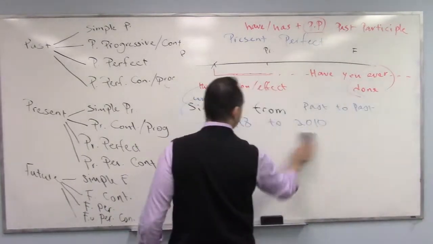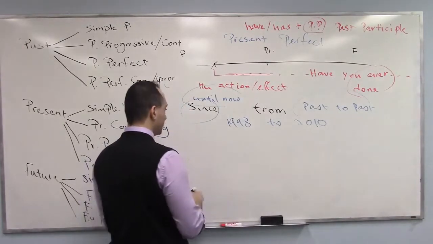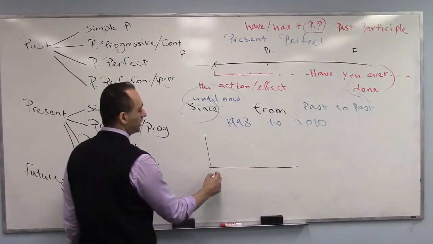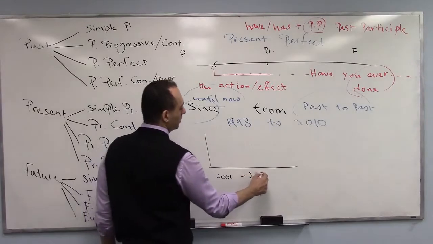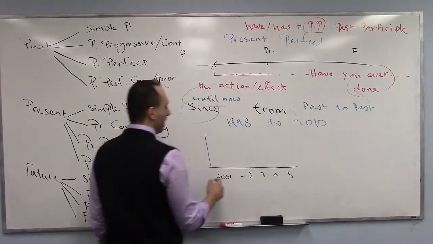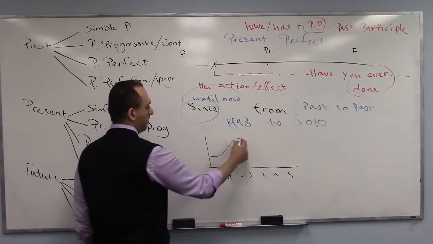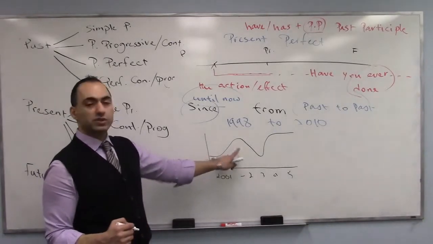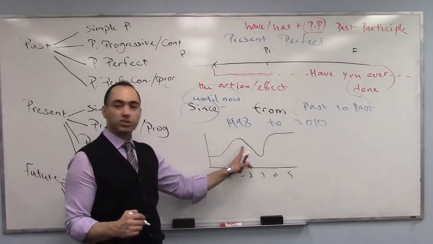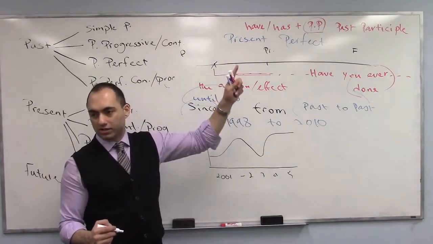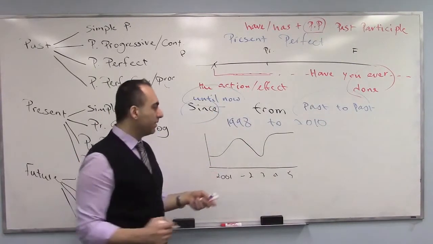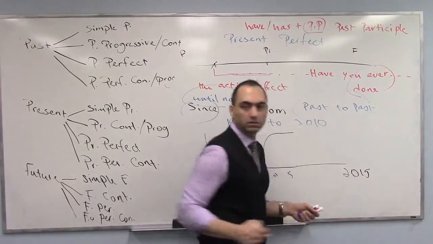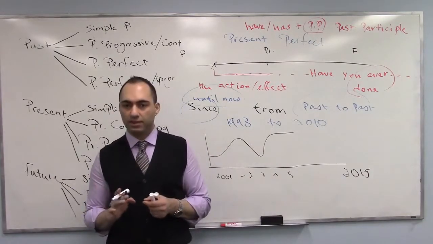That's why, for example, when you take the IELTS exam, and there's a graph, and here is, for example, 2001, 2, 3, 4, 5, and then you see the prices rise and fall and rise. You say from 2001 to 2002, there was a sharp rise in prices. But then, for example, here is 2015, and now is January the 5th.